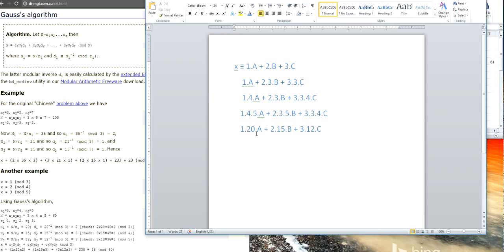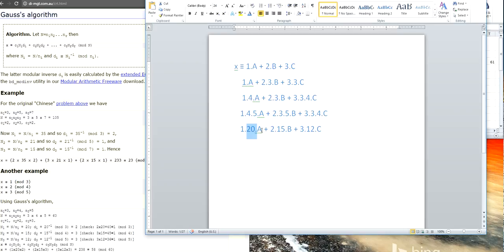So basically if we go back to the same thing we said earlier, looking at just this first equation here, if this equation were to hold true for 1 mod 3, then these two numbers are already 0 because they are already factors of 3. And if this were to be 1, then 20 times a should be 1.